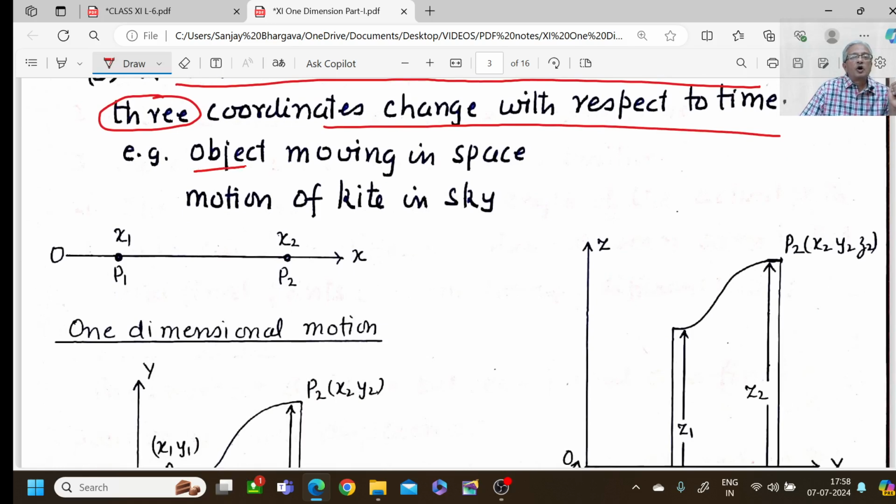For example, an object moving in space, motion of a kite in the sky, like motion of a fly in space, that is also called 3-dimensional motion.